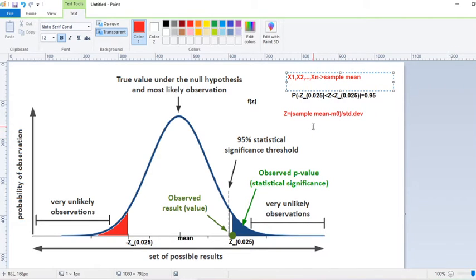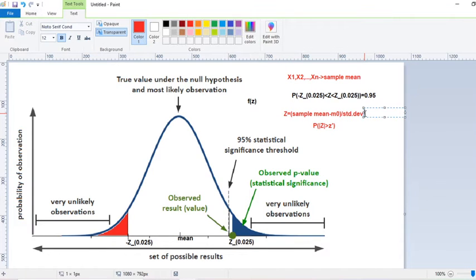And suppose you are finding the probability of Z greater than Z dash, or you can calculate the probability of modulus of Z greater than Z dash. What is actually Z dash?